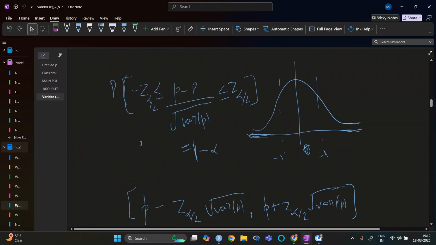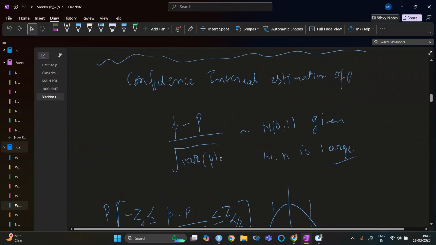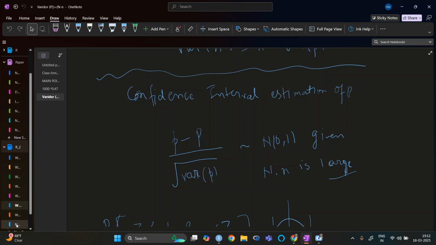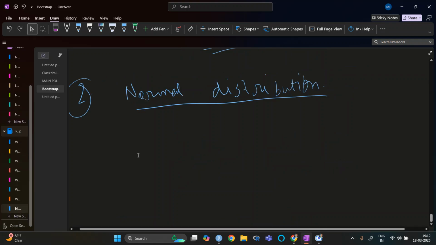So the confidence interval is always the same as in the normal case. This one is theta cap minus the real theta divided by the standard deviation of it.